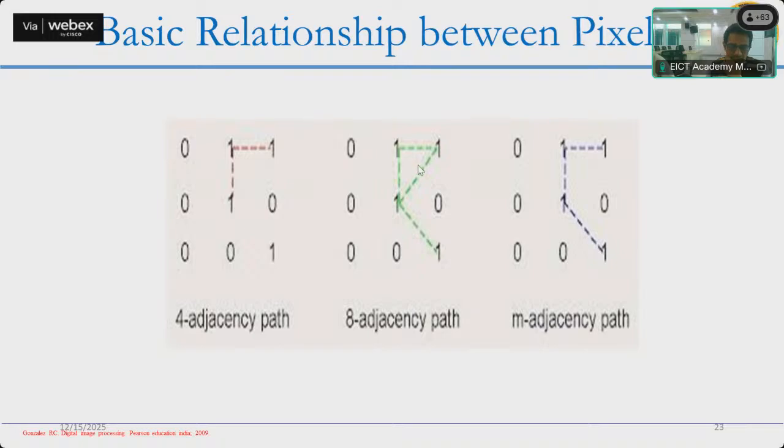For example, here I don't want to bring in this diagonal relationship, so this is the extra relationship. Ambiguity means where it is more than the required one.